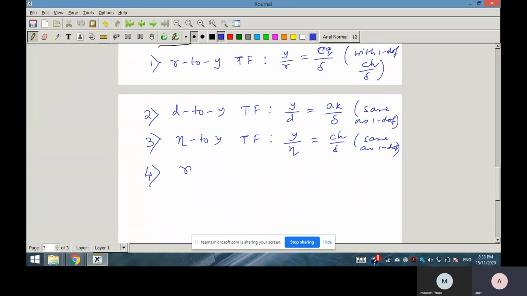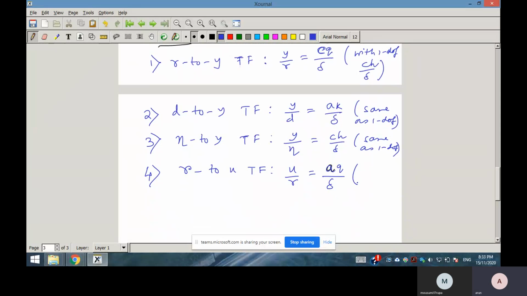So now, what is the last one? Last one that is important is control effort. Arc2u transfer function will be u by r. U by r transfer function, you can easily verify that it will be AQ by delta.